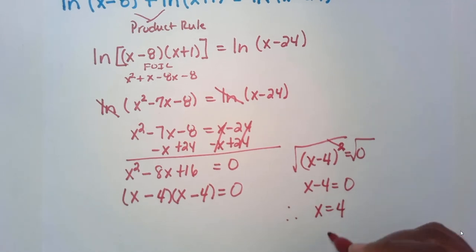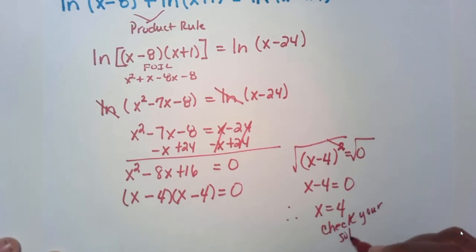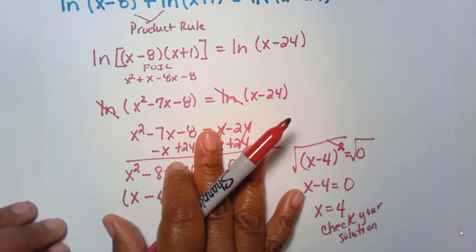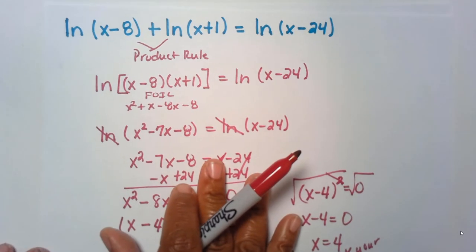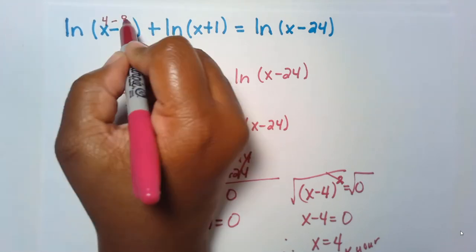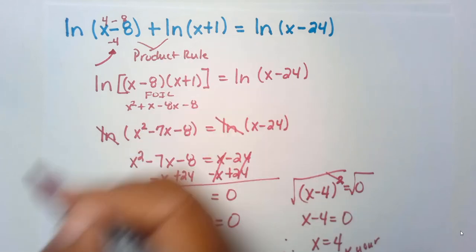Now, at this point, check your solution. So we're going to plug 4 into our original equation. And when we say 4 minus 8, that gives us negative 4. We do not want this to be a negative number.